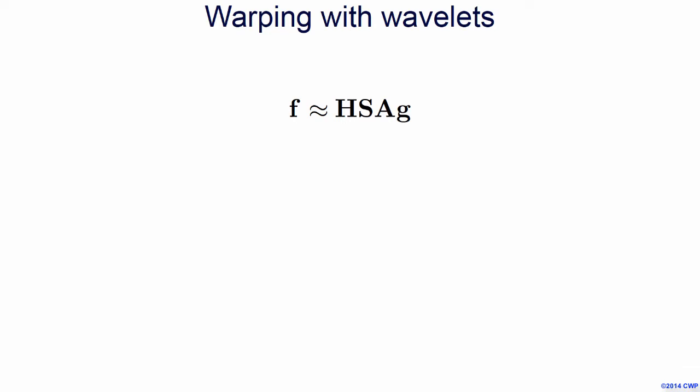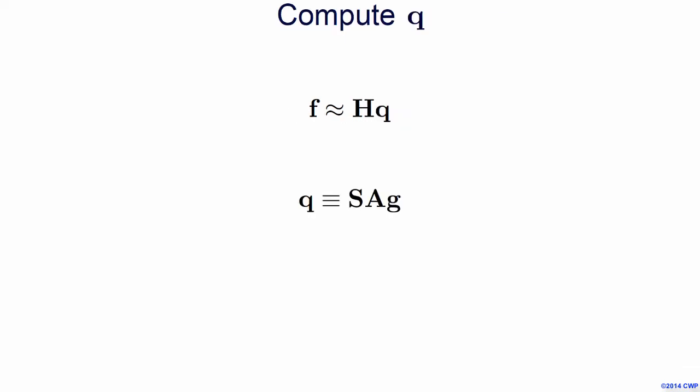So in this case, let's assume that we know the inverse wavelet A. So our next step to estimate H would be to compute what we call Q, which is simply SAG.